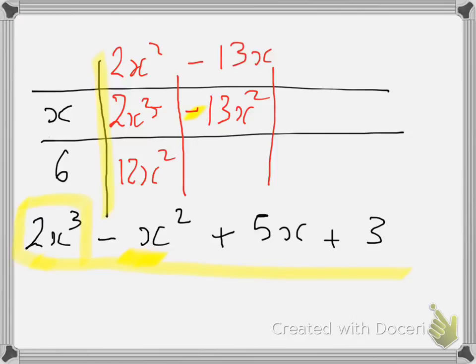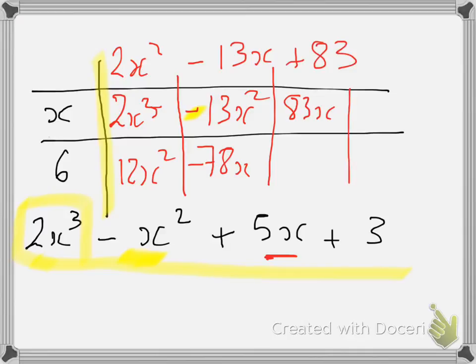And then that times 6, this is where the numbers get yucky, is minus 78x. Now I want to get a total of plus 5x. So I have to put up here plus 83x, because 83x and minus 78 gives me 5. Awesome. Divide by x, I get plus 83. And then if I do 83 times 6, I end up with a horrible number, 498.